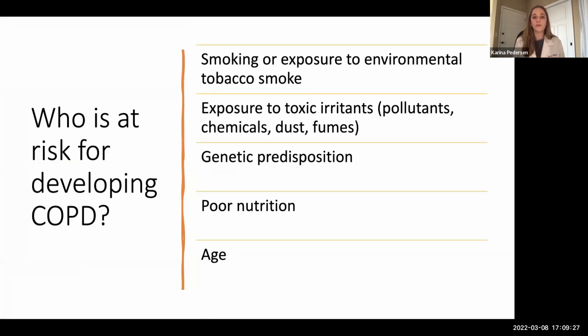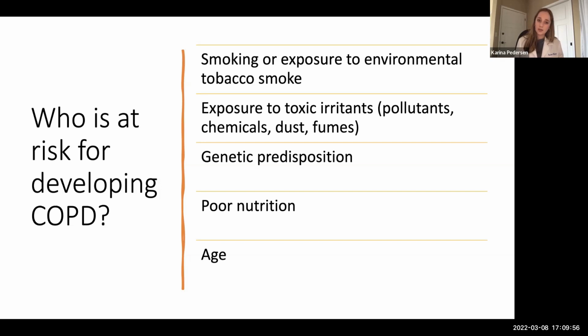So who is at risk for developing COPD? Smoking or exposure to environmental tobacco smoke is the number one risk factor for developing COPD later in life. COPD can also happen from exposure to toxic irritants, whether that be pollutants, chemicals, dust, or fumes where you work, or maybe you have a factory close to home that's putting out pollutants into the air near you, and you're constantly breathing that in.